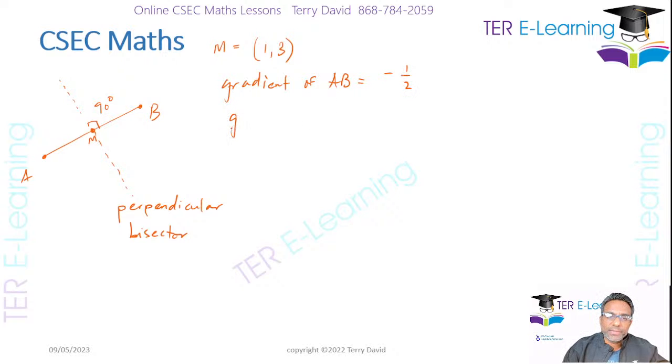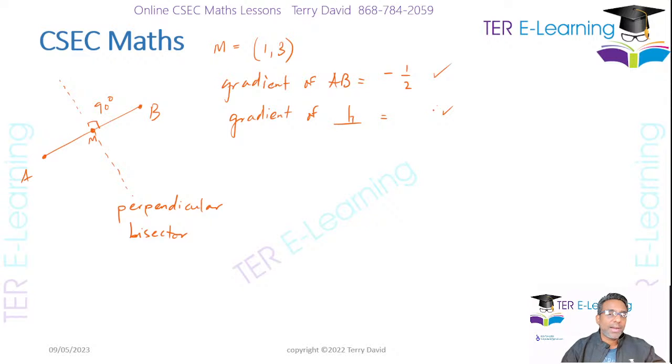Now the gradient of the perpendicular bisector. One of the geometric properties that we need to know is that when you multiply the gradients of two lines which are perpendicular, you should get -1. So you have to ask yourself, -1/2 multiplied by what will give me -1? What I normally tell students is, you invert and you put a minus sign in front.